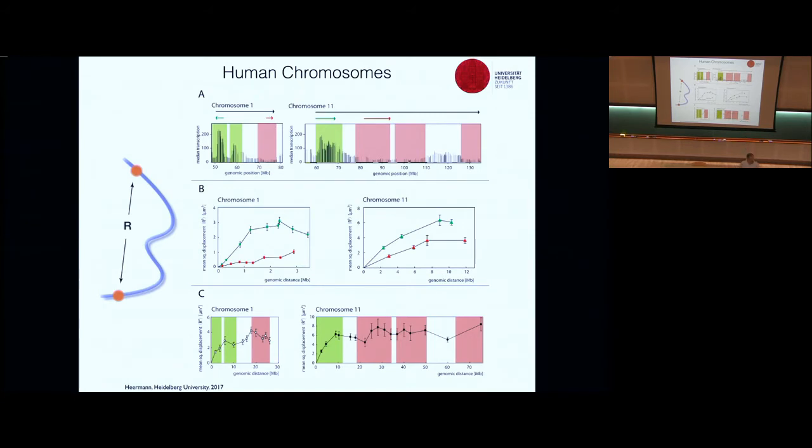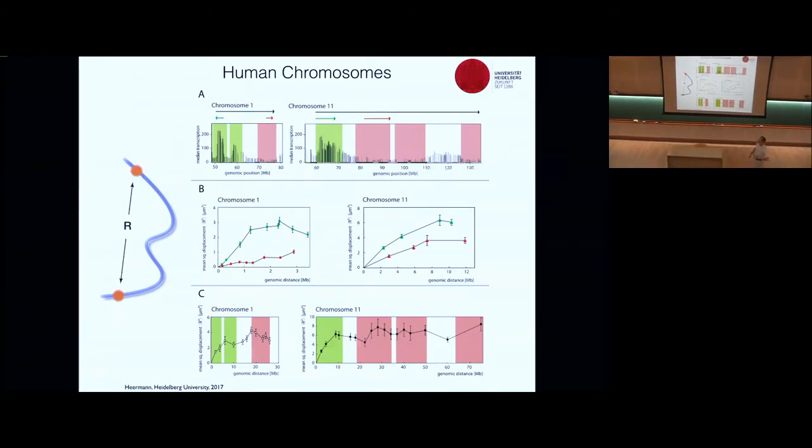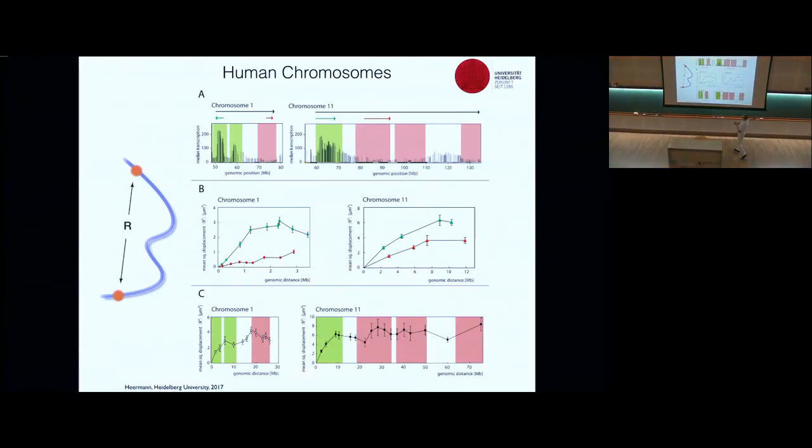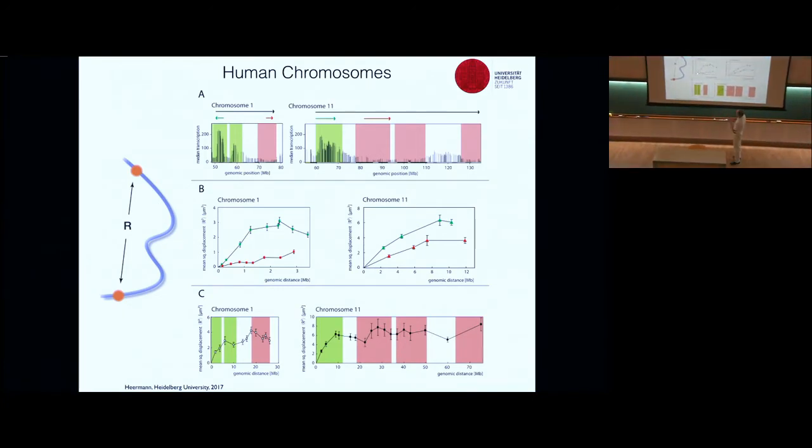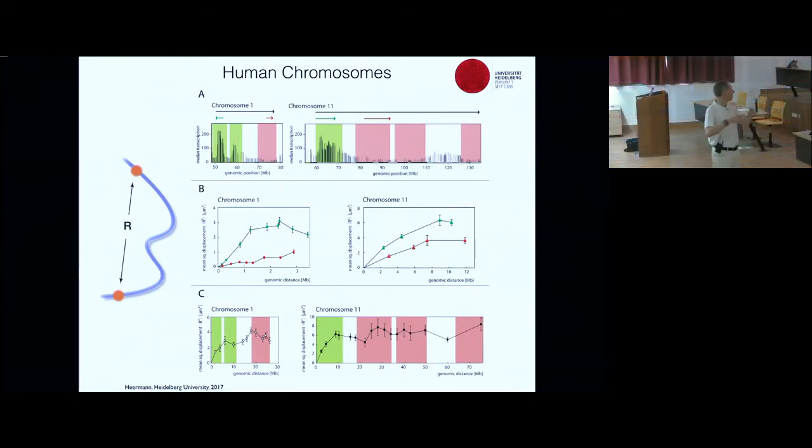Now he puts the labels in the high expression and in the low expression region, and he measures this physical distance. And you see here, this is the low transcription region, and it's much more compact than the one which is in the highly expressed region. So in the highly expressed region, they're much more loose than in the less expressed, which corresponds a little bit to heterochromatin and euchromatin.